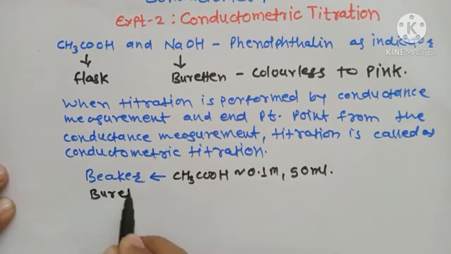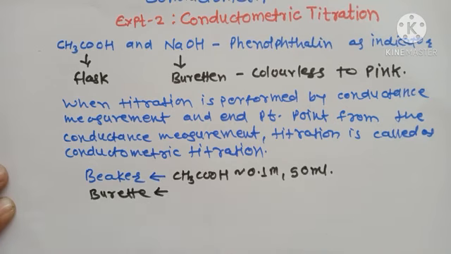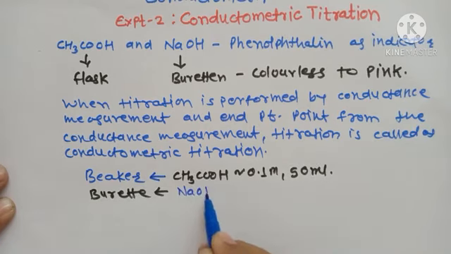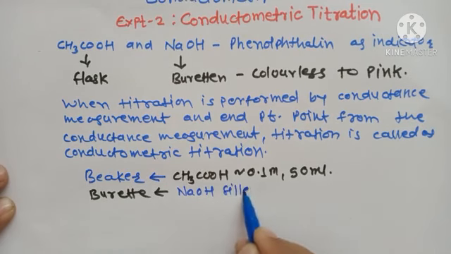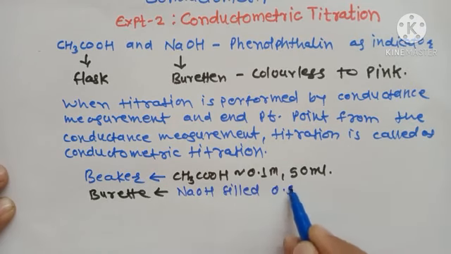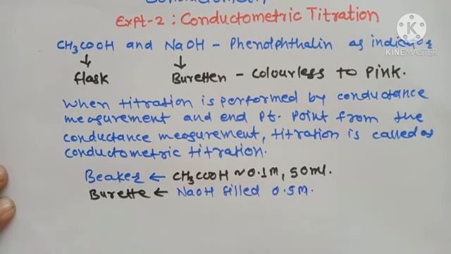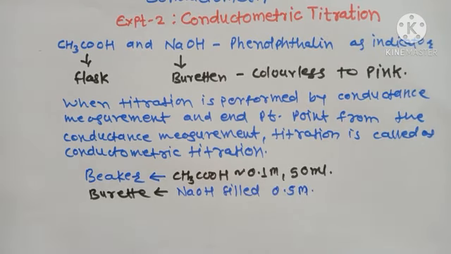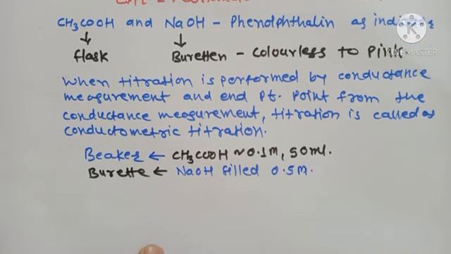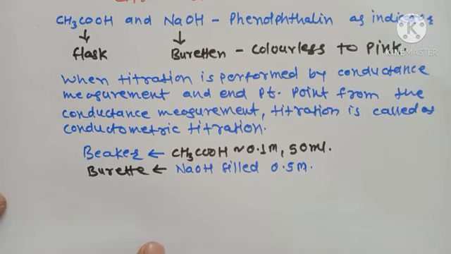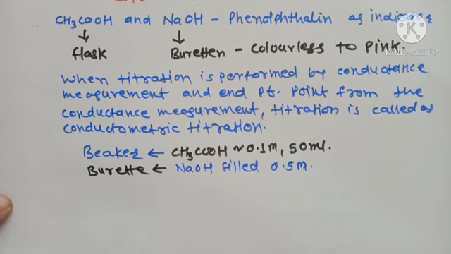In the burette, NaOH is filled, and NaOH is exactly 0.5 molar, 5 times higher in concentration than the acetic acid. This is the requirement for the conductometric titration, so that the endpoint can be obtained very accurately.